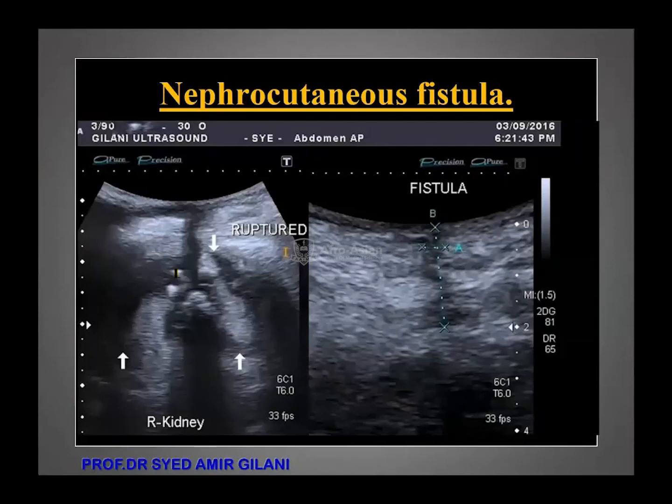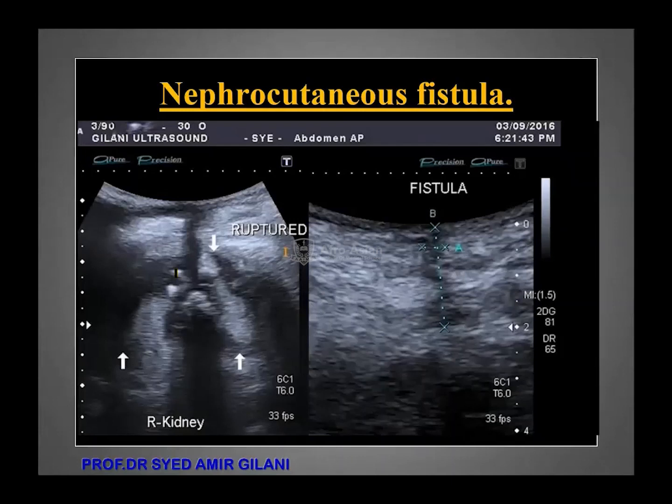There are a few cases reported in the literature, and it is usually associated with surgical and interventional procedures like renal biopsy or renal FNA. Once it is performed, it can form a fistula.